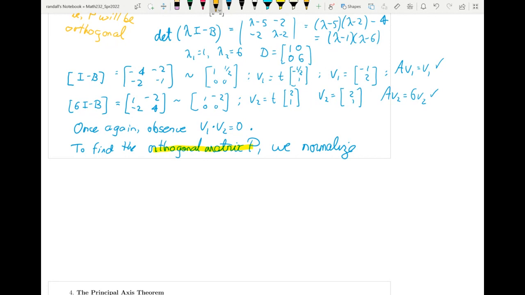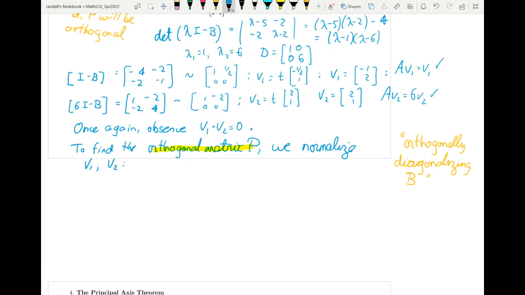So let me put that over here where we are orthogonally diagonalizing. This is where we're doing the orthogonalization, if you want to put it that way. We normalize V1 and V2.